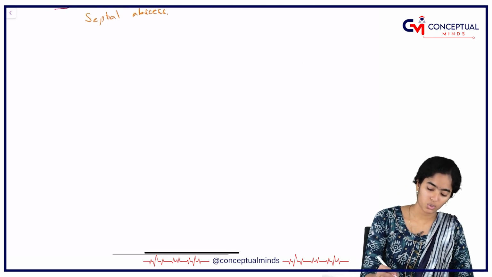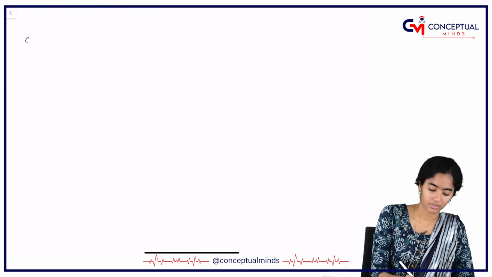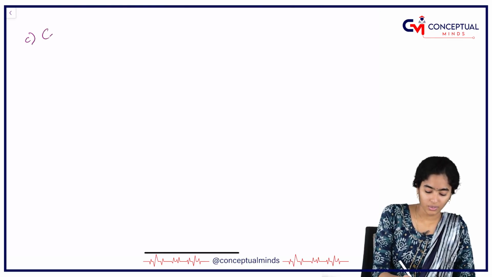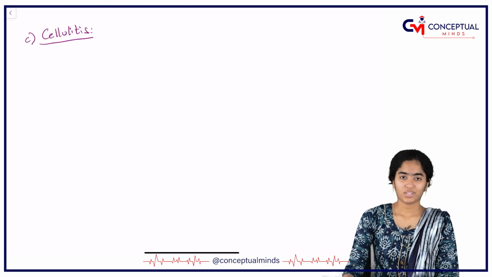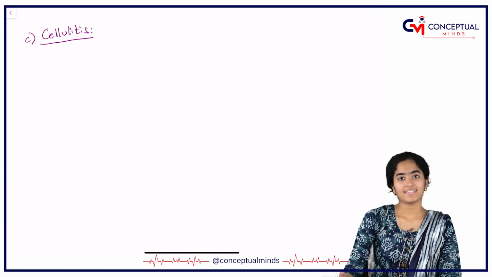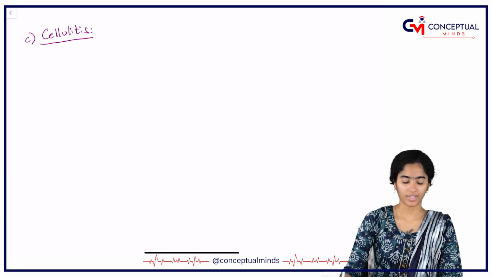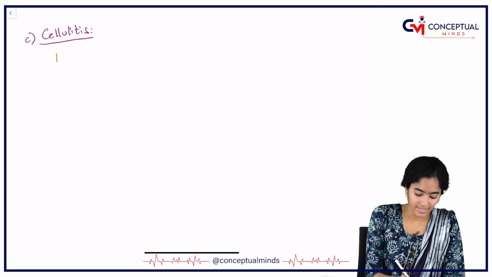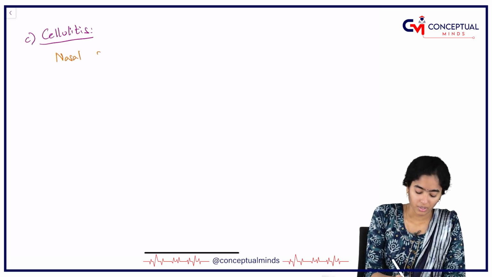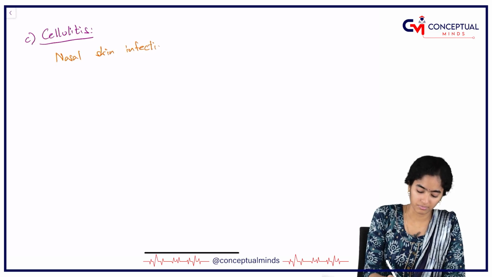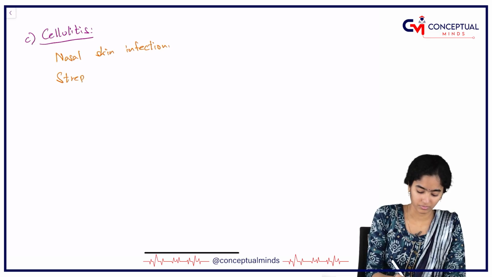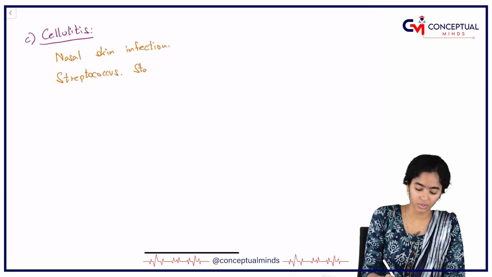Next in our list, we have cellulitis. What is cellulitis? Nasal skin infection. It is a nasal skin infection caused by Staphylococcus or Streptococcus. Cellulitis, as you know, can occur anywhere in the body.